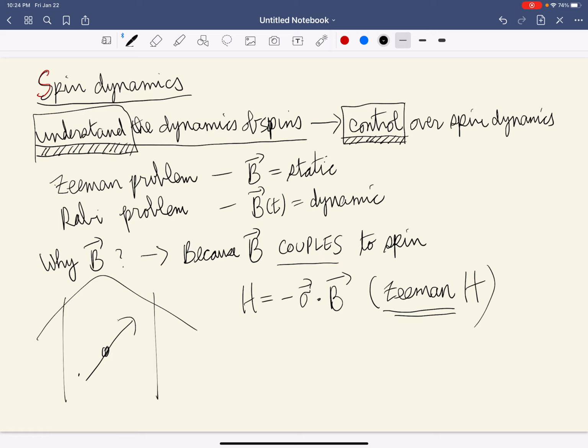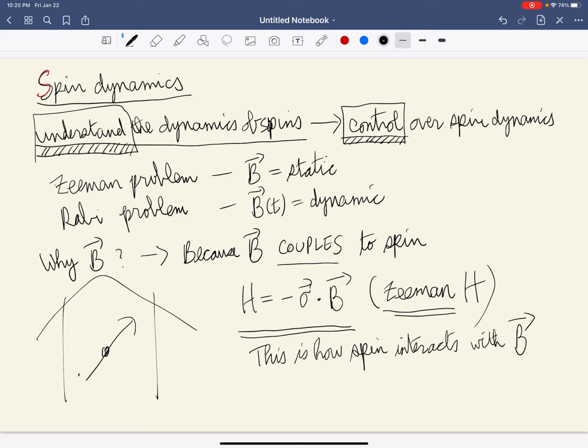Okay, so why would the electron spin couple to the magnetic field in this way? Well, we don't know. It's just the way it is. So this is how spin interacts or couples with the magnetic field.